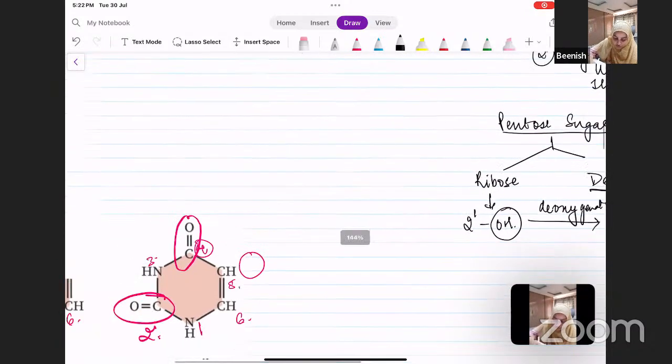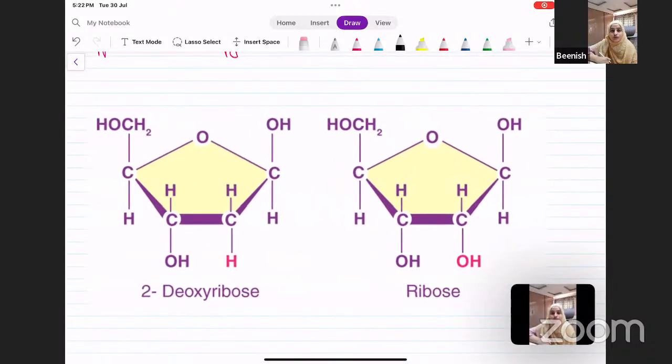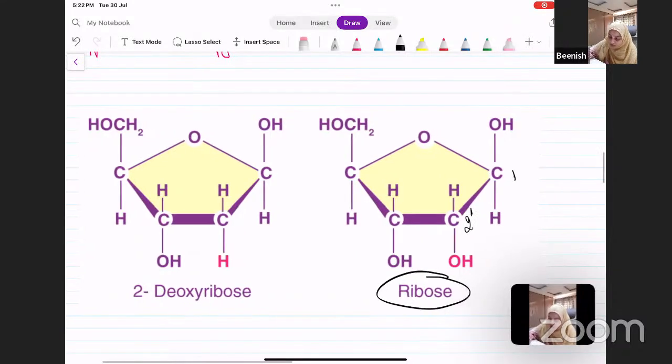If I show you the structures, it will become more clear to you. This is the structure for ribose and deoxyribose sugar. This is carbon 1, carbon 2, carbon 3. At the 2' position in ribose sugar, you have a hydroxyl group.